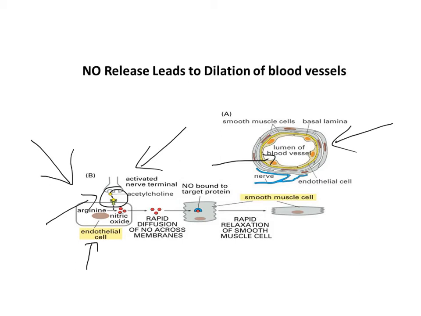And endothelial cells will make nitric oxide from L-arginine, and the enzyme that's important for that are the nitric oxide synthases. So nitric oxide will rapidly diffuse out of the endothelial cells into the surrounding smooth muscle cells, and that will ultimately lead to rapid relaxation of the smooth muscle, which leads to opening of the diameter of the blood vessels and decreasing blood pressure because there's an increased area for blood to flow.